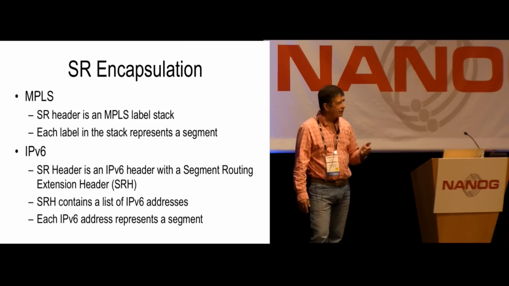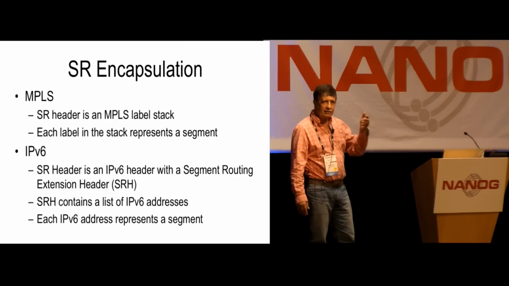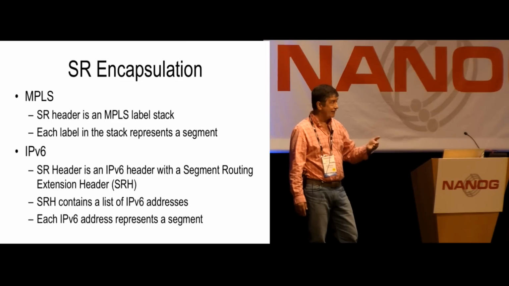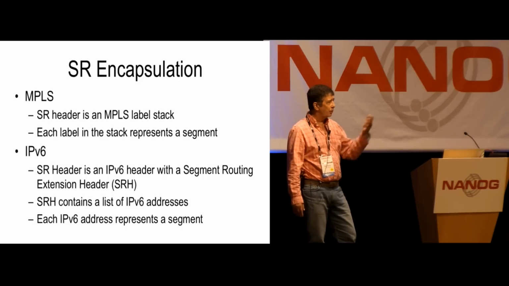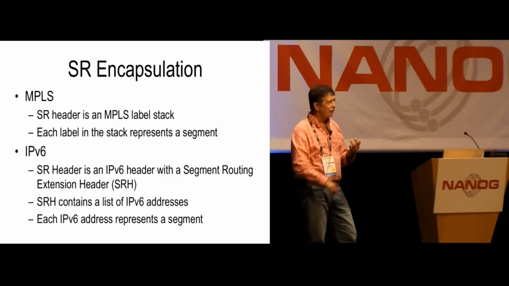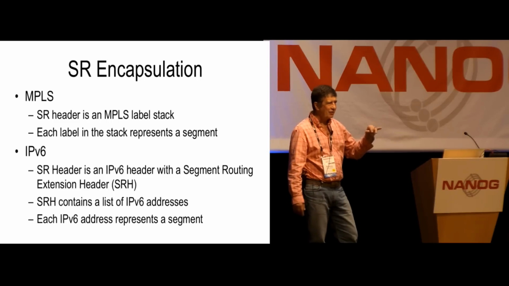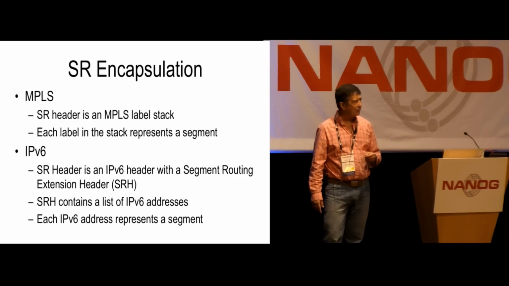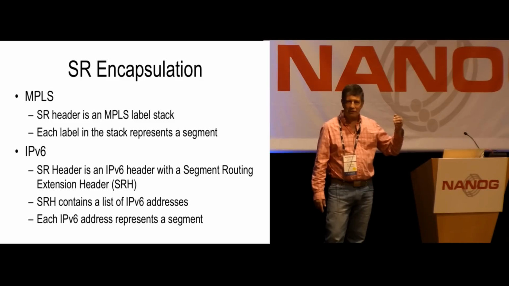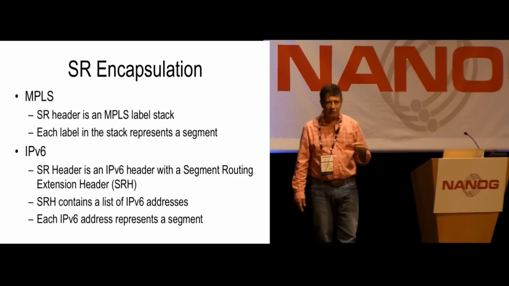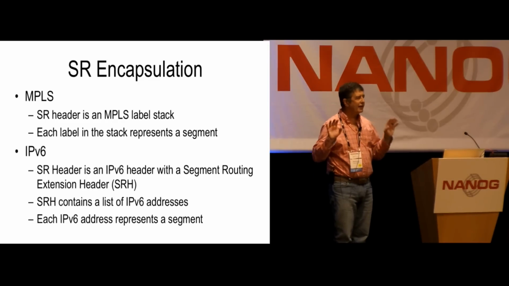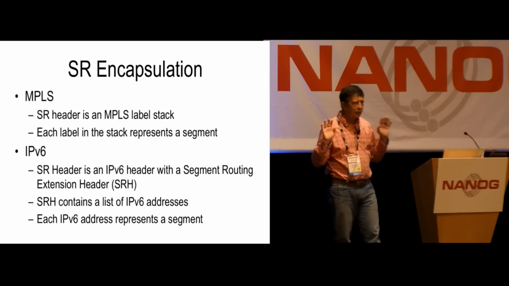Like any other routing extension header, it has a list of addresses in it, and those addresses are actually SIDs, they're segment identifiers. So just like IPv4 lists the IP addresses you need to visit, with SR in MPLS encapsulation, each label stack entry represents a segment identifier, and in IPv6 in the SRH, each entry represents a segment identifier. And if that didn't stick in your head, don't worry about it. We're going to give you examples.